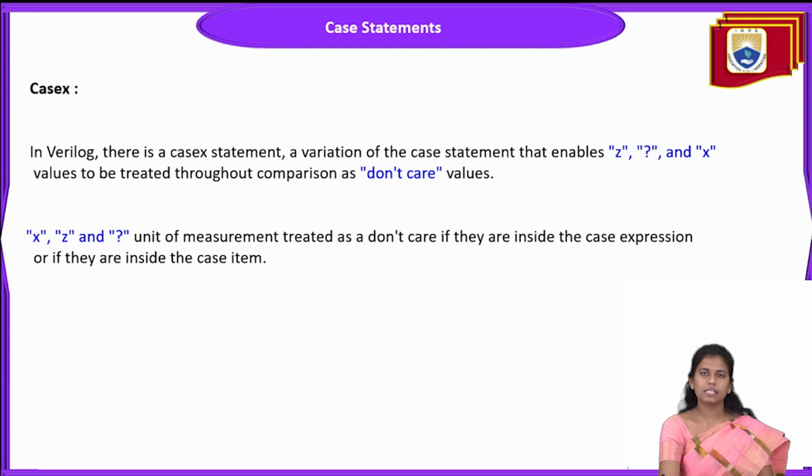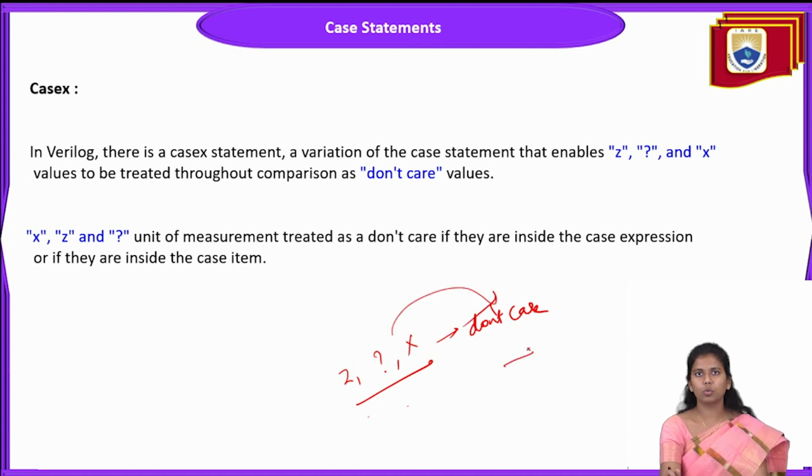Coming to case X, it is similar to case Z. Here in the statement, if you find anywhere Z, question mark and X, then it means the expression is to be compared with the don't care. When you see Z, question mark and X, always remember it is to be compared with don't care values. So Z, X and question mark are treated as don't care.